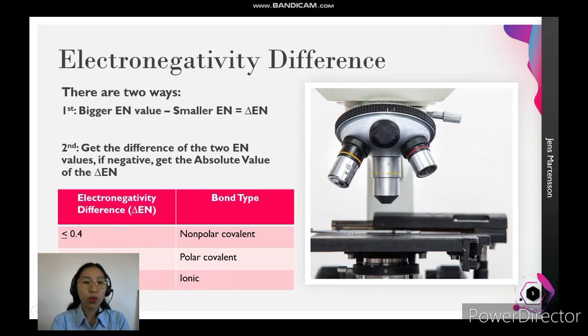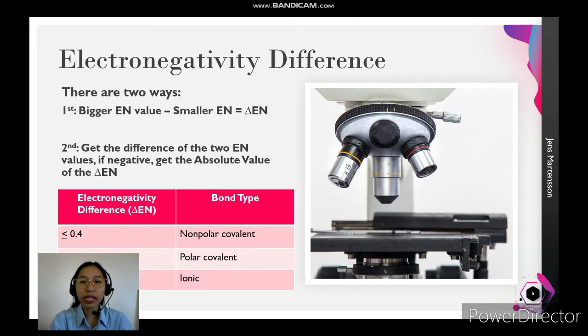Whereas, kung 0.5 to 1.6, ang imuhang bond type is polar covalent, so ang molecule is polar. Lastly, if pataas or equal to 1.7, ionic ang imong bond type. So, dili siya polar, dili pud siya non-polar. It's ionic. So, muna siya ang ako ang further i-explain sa inyo ha karong adlaw.